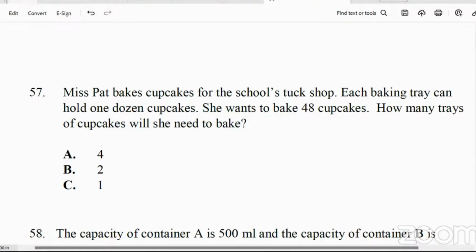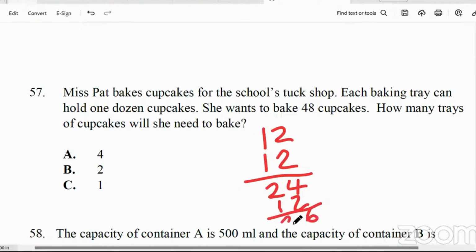So again, this can be worked in different ways. Once we know that each can hold 12, we can simply add 12 and see how many 12s we would need. 12 plus another 12, that would be 2 trays. So that's 24. We're not at 48 yet, so we can add another 12.